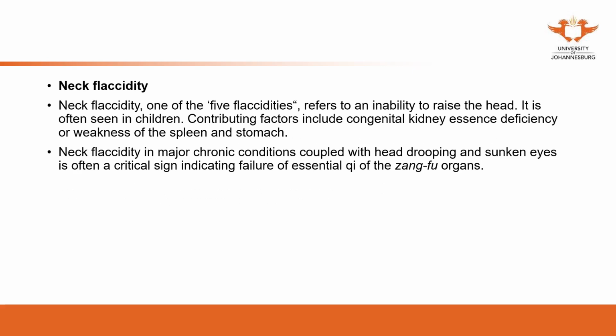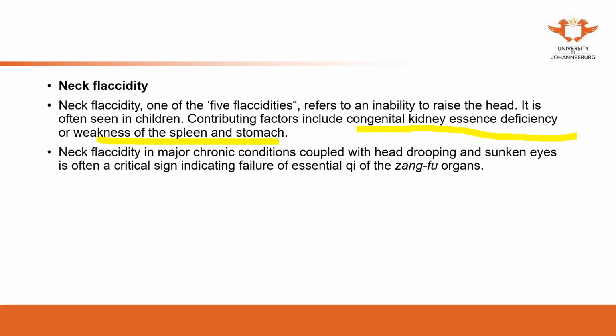Neck flaccidity. Neck flaccidity also means softness. The patient can present with softness in the neck, which is described as the inability to raise the head because the neck is too soft. This is often seen in children, with contributing factors including congenital kidney essence deficiency or weakness of spleen and stomach.